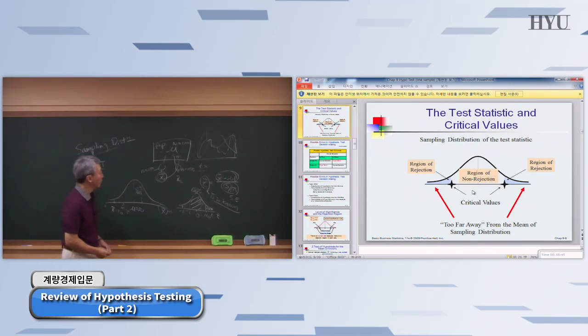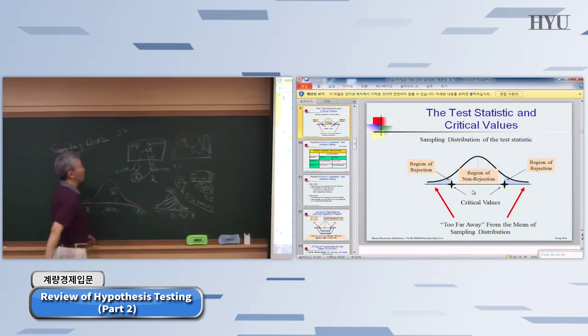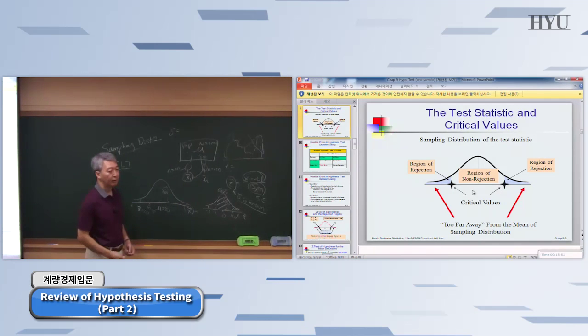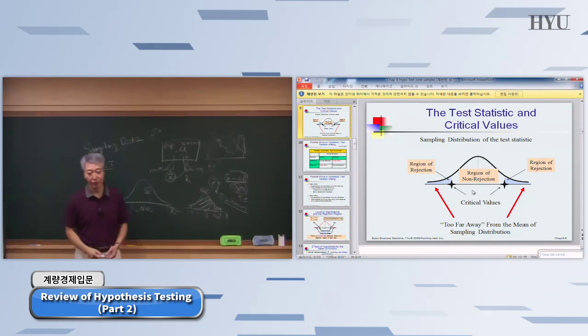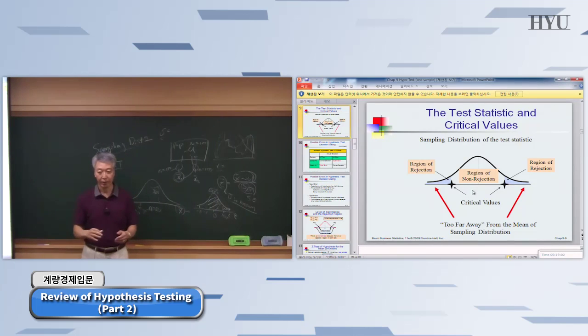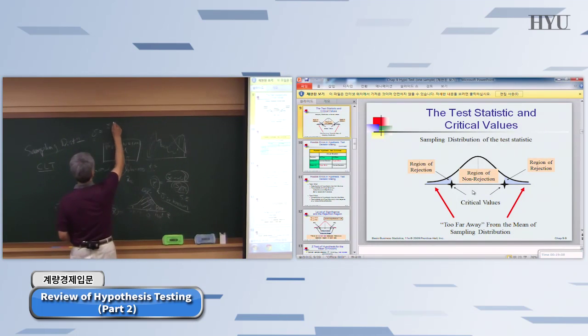But how do you calculate the population standard deviation? You still remember this formula? The concept of standard deviation, of course, is dispersion: how widely the data points are scattered.